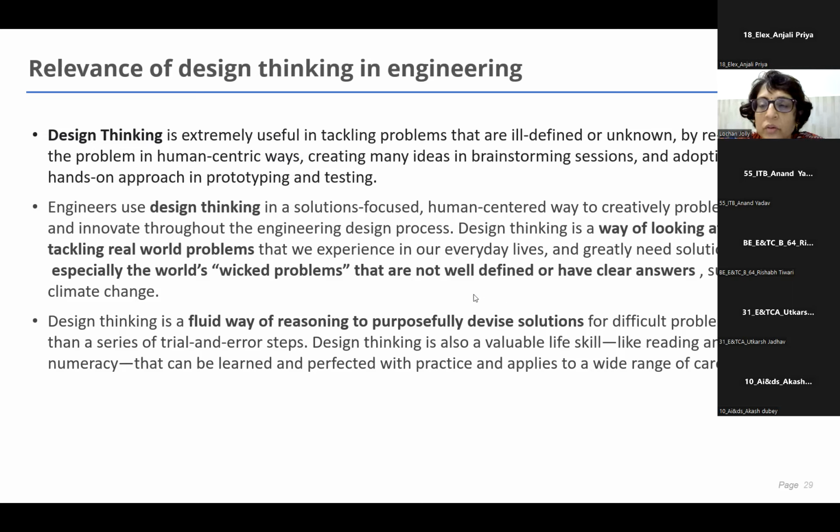Good. So as I told you, if you work towards making a solution, definitely you are an engineer, you have all the skills to develop a technical solution. Your approach would be a user-centered approach. And we saw the difference between user-centered and design thinking.